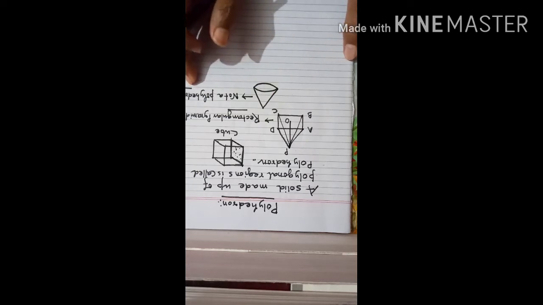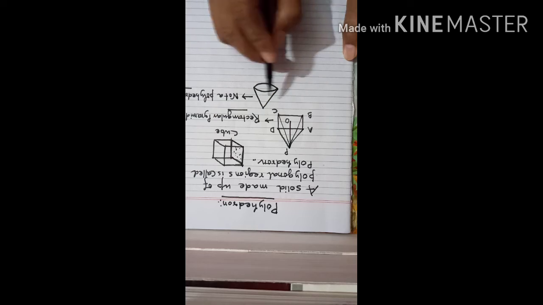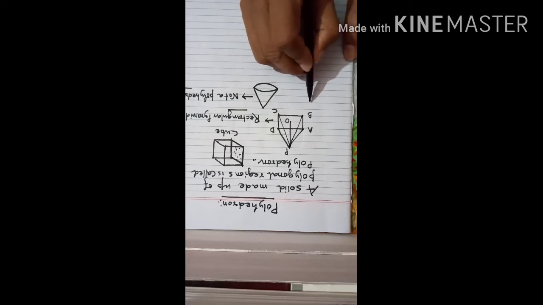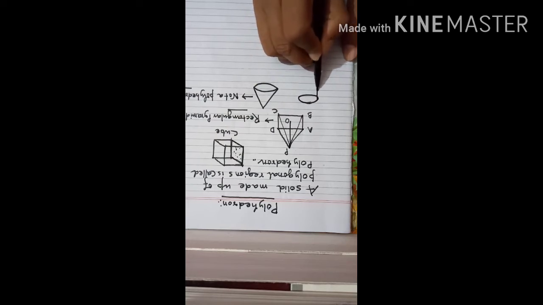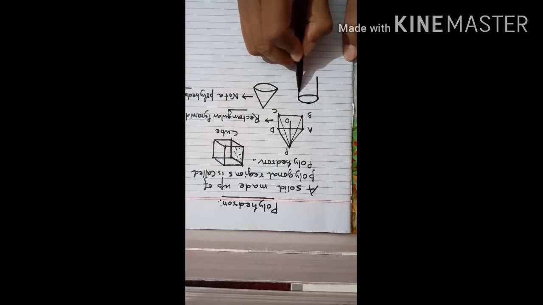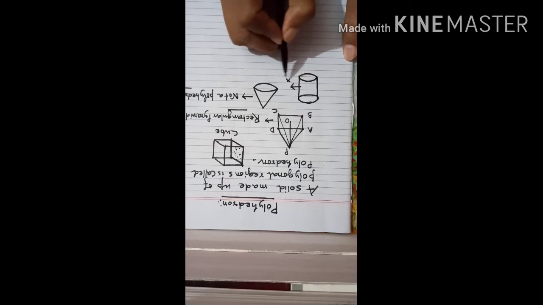Also a cylinder, a right circular cylinder. If you draw a right circular cylinder, this is not a polyhedron. This is also not a polyhedron.